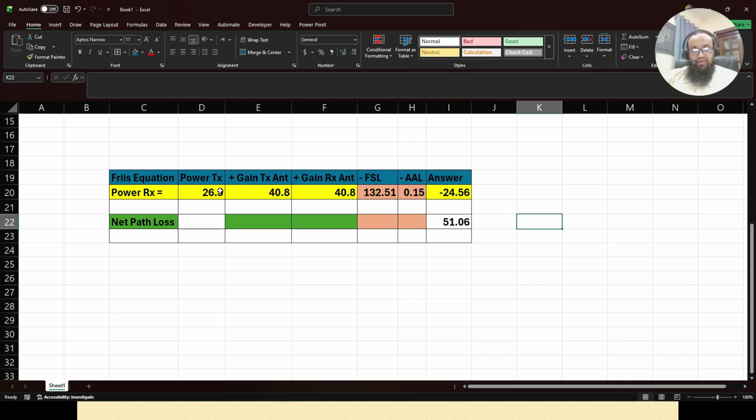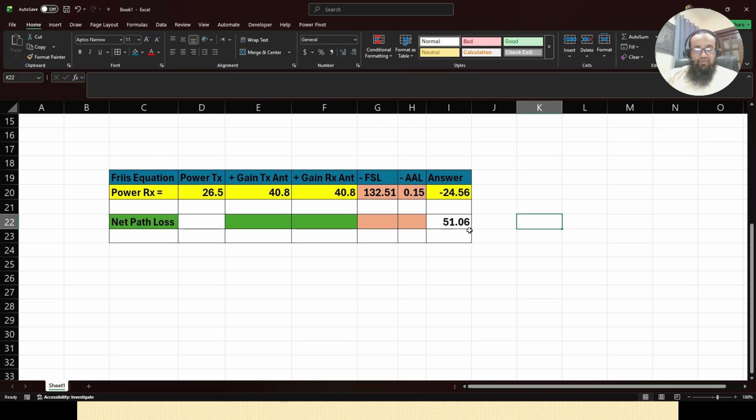How it is done is that you add the transmit power and antenna gain 1 and antenna gain 2, and then you subtract the free space loss and this atmospheric loss, because these two are losses, so they are subtracted. So you get a received power value of minus 24.6. Also on Pathloss you will see a net path loss value.